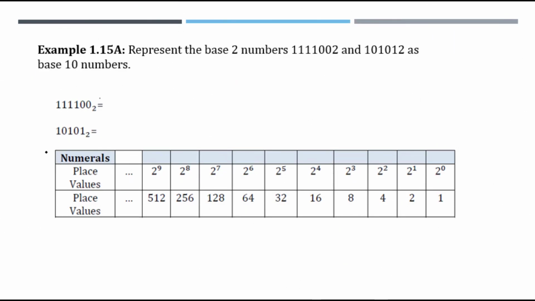Okay, so here is our base 2 number system. It's the same as base 10, only it's powers of 2. 2 to the 0 is 1s. 2 to the 1 is itself. 2 squared is 4. 2 to the third power, which is 2 times 2 times 2, is 8, etc., right?